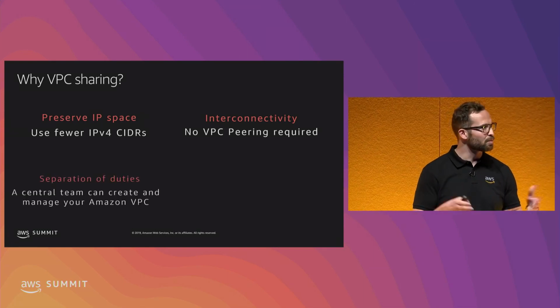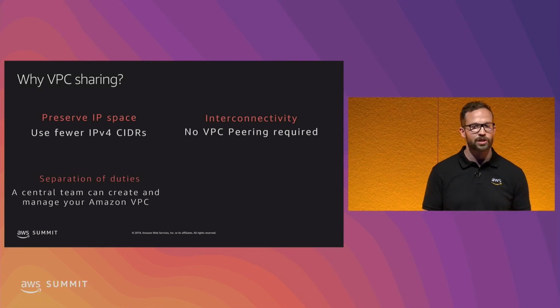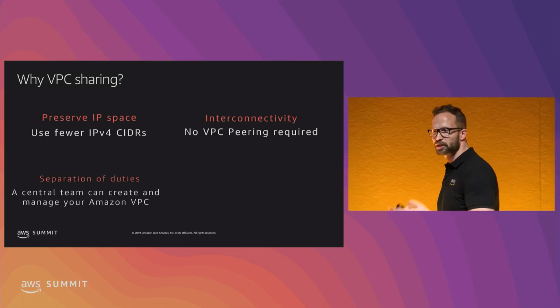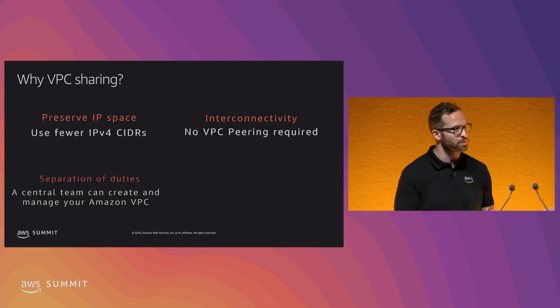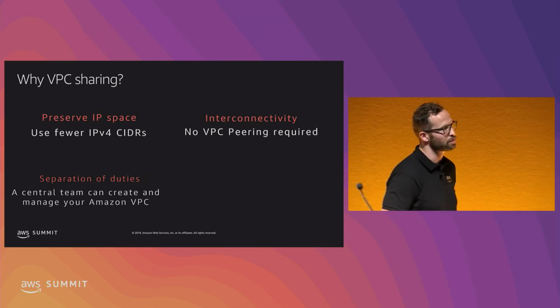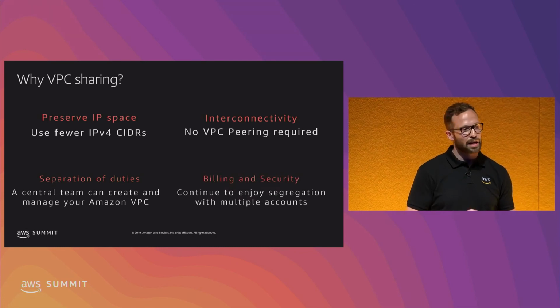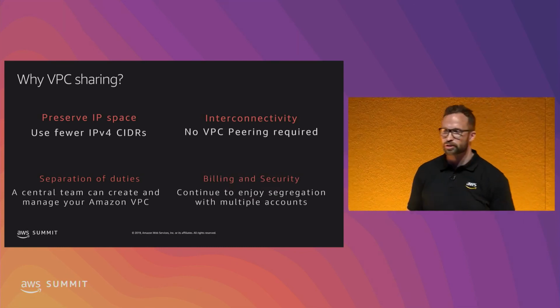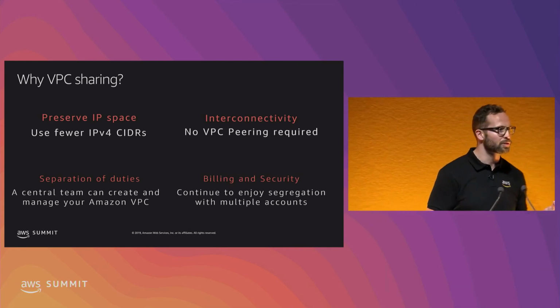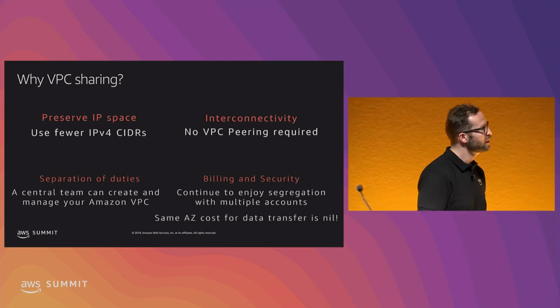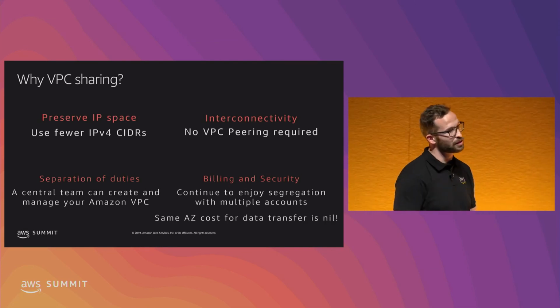And you have that nice separation of duties where the owner creates the VPC and participants cannot change it. They can't accidentally on purpose add an internet gateway to establish internet connectivity, for example. And finally, everyone is still billed for the resources they create. And if it so happens that the resources live in the same availability zone, then the traffic within the same availability zone is free of charge.